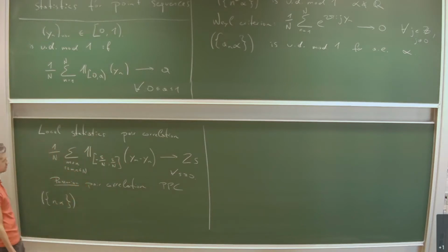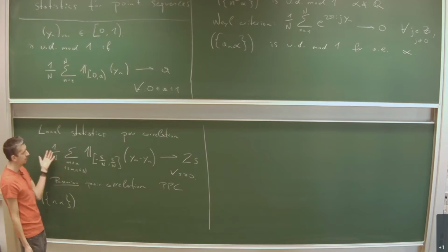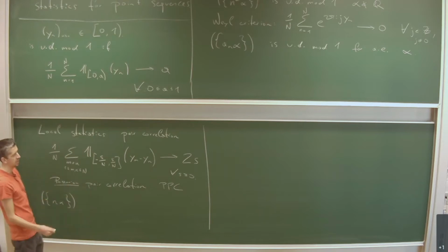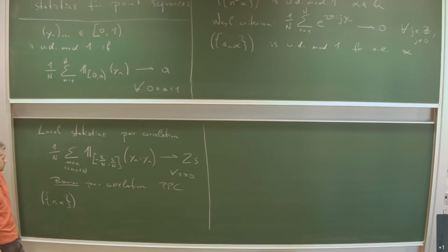Okay, I don't tell you why it's called Poissonian, but if this sequence of points behaves randomly with respect to this test statistic, then this is called Poissonian behavior, and the correlation is called Poissonian.